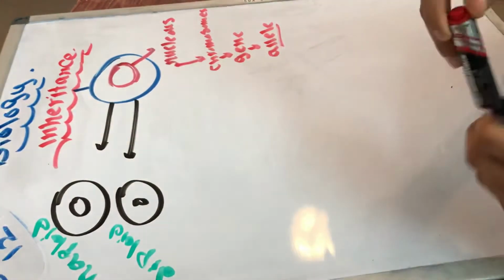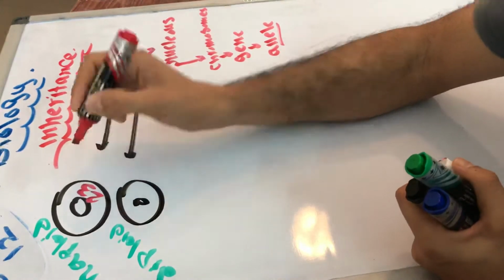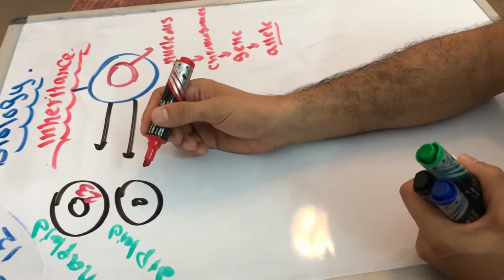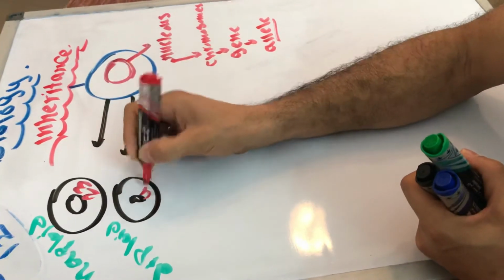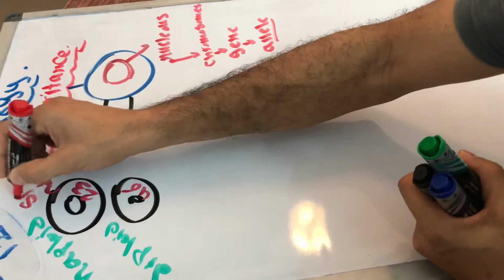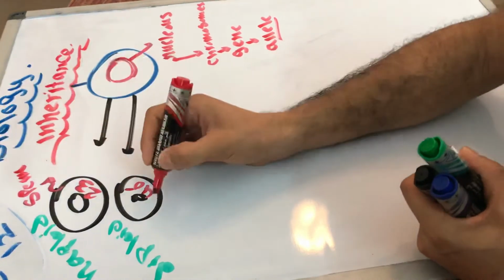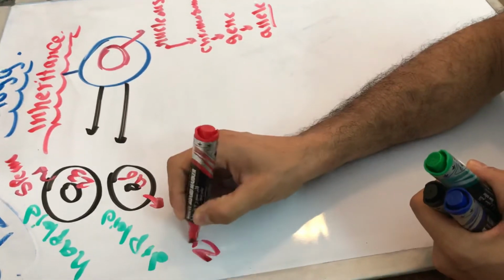Haploid has one set of chromosomes, 23 chromosomes, and diploid has two sets of chromosomes, such as 46 chromosomes. For example, inside the human body, sperm is haploid, and the zygote is diploid.